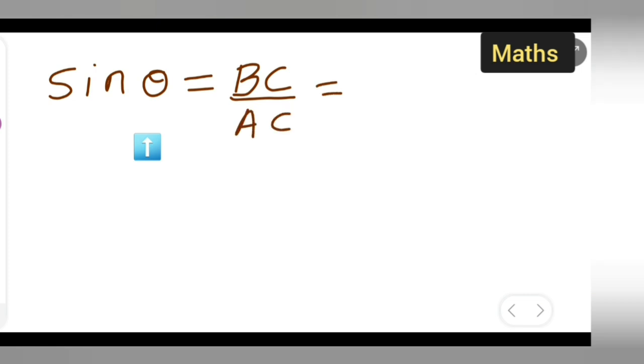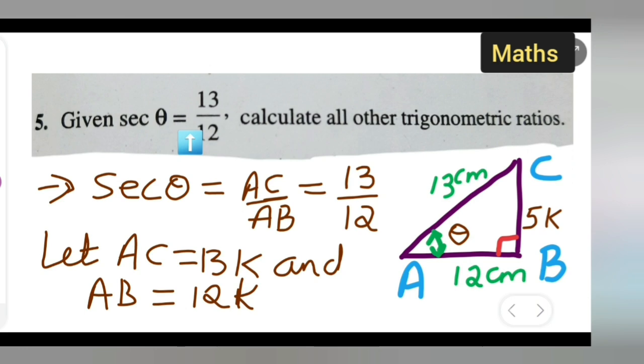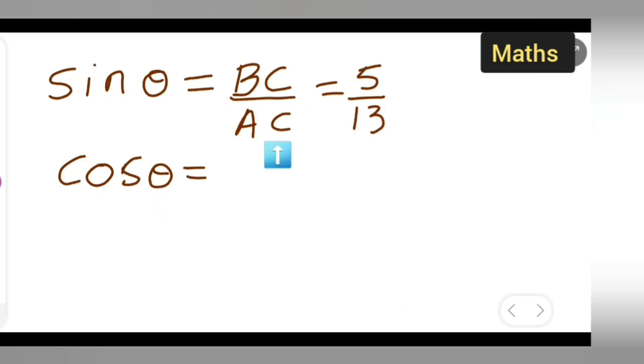The opposite of theta is BC, and the hypotenuse is AC. So it will be 5k upon 13k. The k's get cancelled, and I get 5 upon 13.